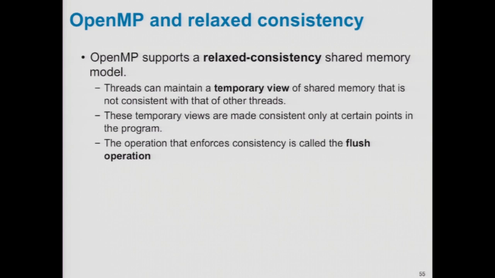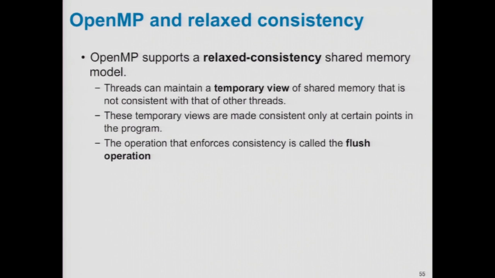Another aspect of the OpenMP memory model is that it's actually defined to be relaxed consistency, which means that the compiler and the hardware have a lot of flexibility in how they order computation on a very fine-grained scale. This allows almost any compiler optimization technique to kick in locally where it needs to, but it does mean that if you're assuming things happen in a certain way, you might have to give the compiler extra hints that say, I really care what's happening at this particular point.